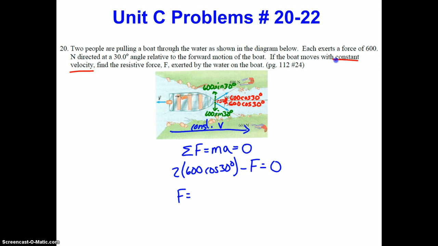So F is equal to the two 600 cosine 30 degree forces forward. When we calculate that to 3 digits, we get 1,040 newtons. And we're all set.